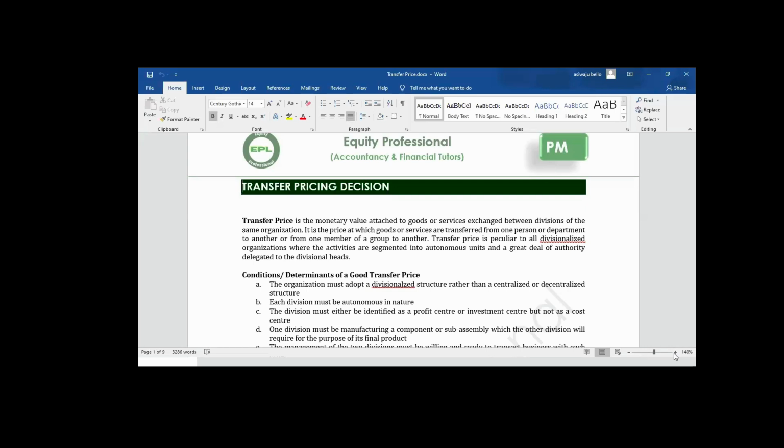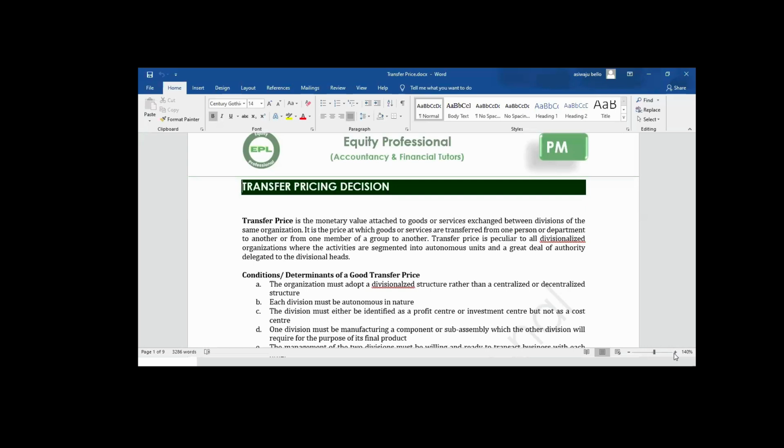To the selling division, internal transfer will create internal sales revenue. To the buying division, internal purchases will create purchase cost. Please note, once there is internal sales, there must be internal purchase.